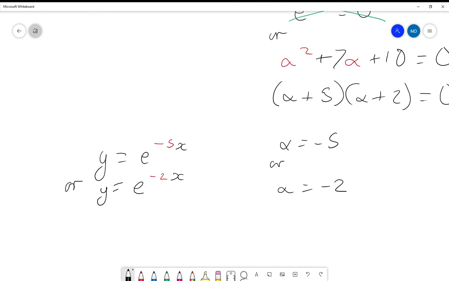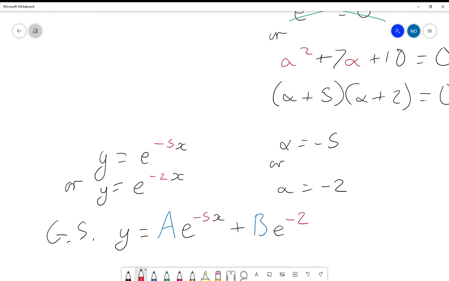Hence, my general solution isn't these two particular ones, but any combination of them. So my general solution is y equals a, where a is some unknown, e to the minus 5x, plus b, where b is any other unknown multiple, e to the minus 2x. And that is my general solution.